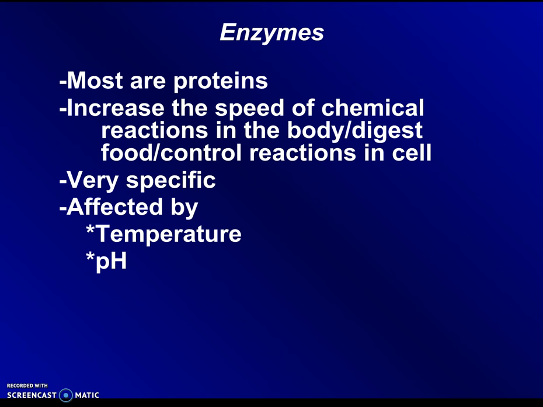So enzymes are affected by temperature and pH. They only work at specific temperatures and pHs. So remember, their jobs are to increase the speed of chemical reactions, digest food, control other reactions in the cell, and they only work at very specific temperatures and pHs. They're very picky.